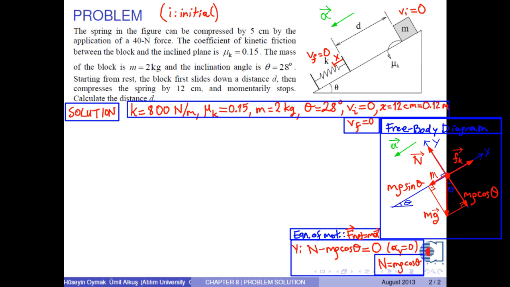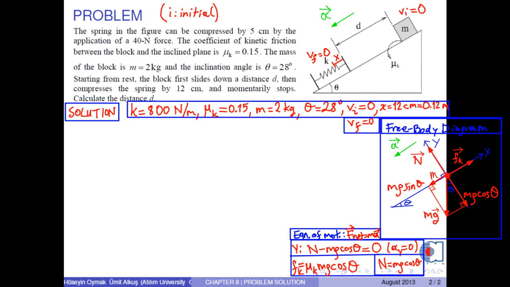Next, the magnitude of the kinetic frictional force, denoted by Fk, is mu k times N. Put the value of N to obtain Fk as mu k times m times g times cosine theta. Okay, that's all about the free body diagram and the equation of motion of the block.